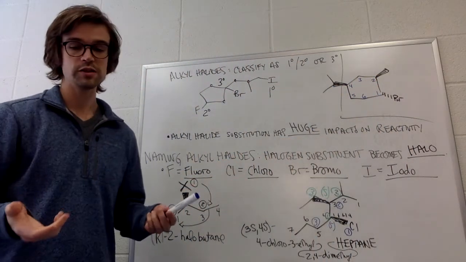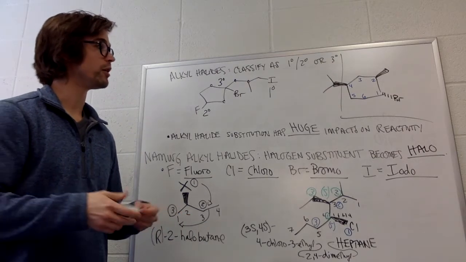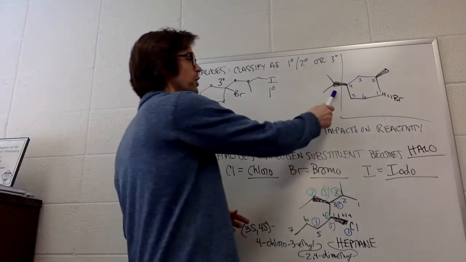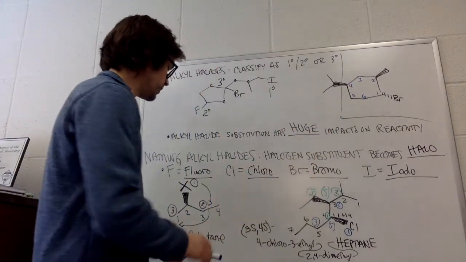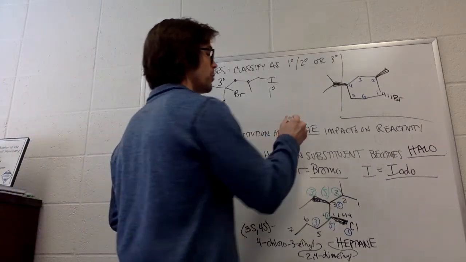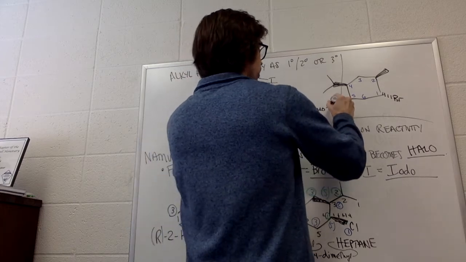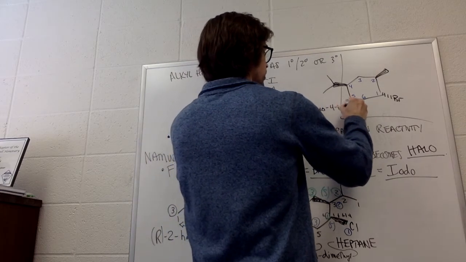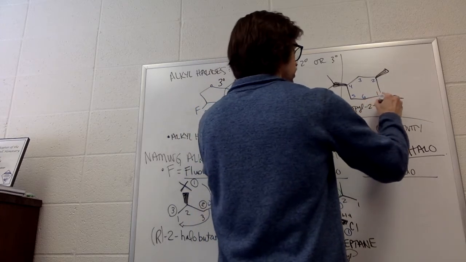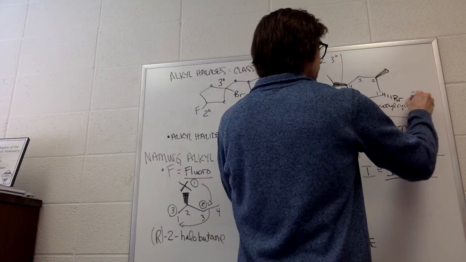So that's a 1-bromo, 2-methyl, and a 4-isopropyl. Putting those in alphabetical order, the 4 comes before the 2 because I comes before M. So that would be 1-bromo, 4-isopropyl, 2-methyl, cyclohexane.